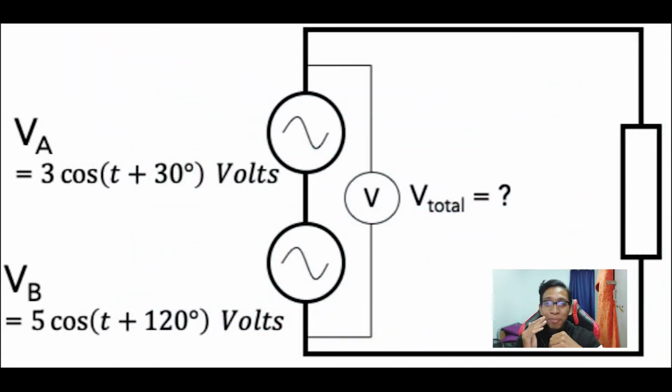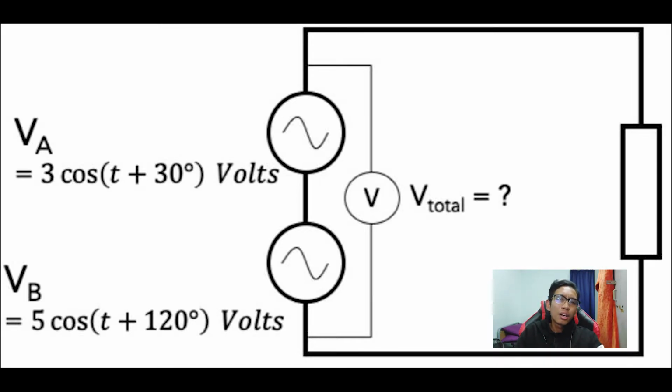As all of you can see here, this is one example of calculating two AC power supplies with respect to time to find the potential difference.